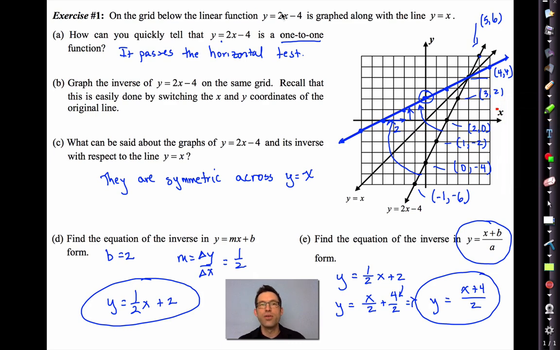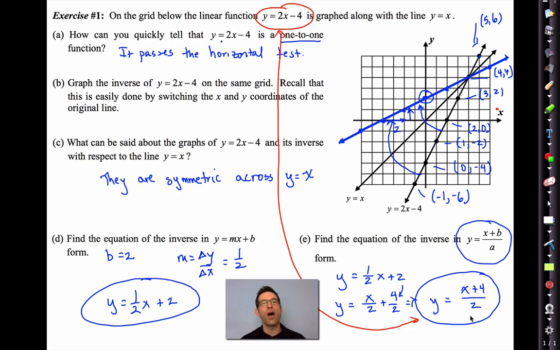The reason I wanted you to do that was to compare the inverse with the original function. Compare these two. In this function, we take the input, we multiply by 2, and we subtract 4. In this one, we add 4 and we divide by 2. Notice how we're doing it in the opposite order. Everything's opposite. Multiply by 2, subtract 4, add 4, divide by 2.